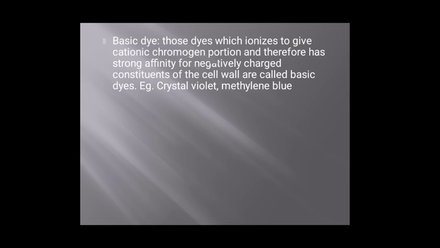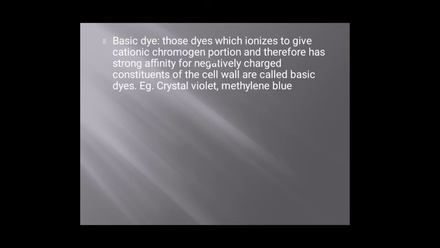Now the second one is the basic dyes, also called cationic dyes. These are the dyes which on ionization give a cationic chromogen, or a positively charged chromophore group, and therefore have a high affinity towards the negatively charged constituents of the cell. Examples are crystal violet and methylene blue.